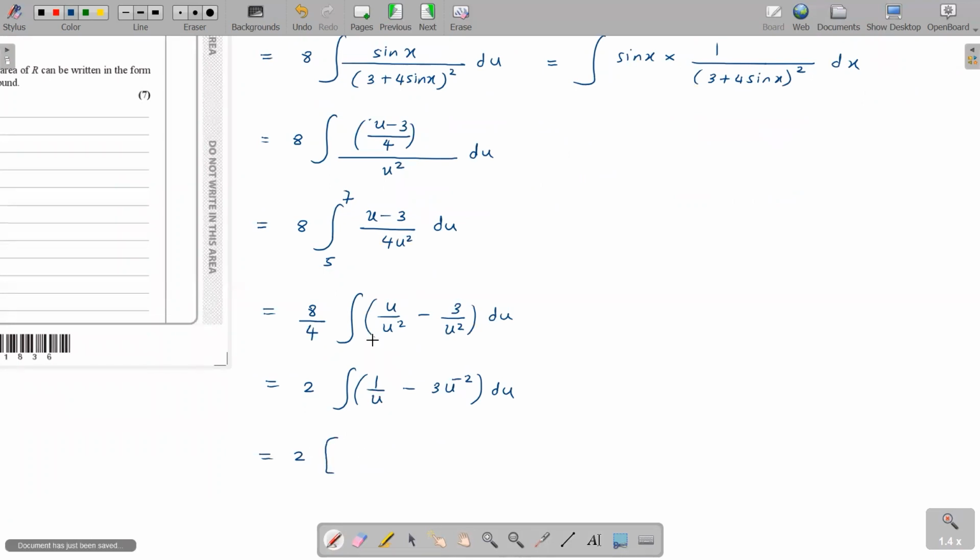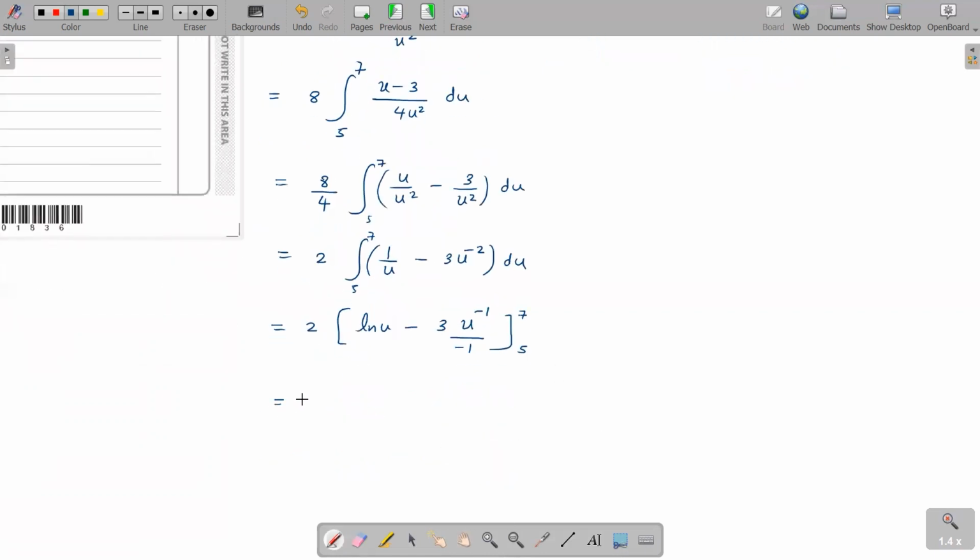What happens when you integrate 1 over u? It's ln u. When you integrate minus 3 times u to the power minus 2, you add 1 to the power, giving minus 1, divided by minus 1. Integration limits are from 5 to 7. Are you with me? So then let's input the limits. Now make sure this 2 is outside.